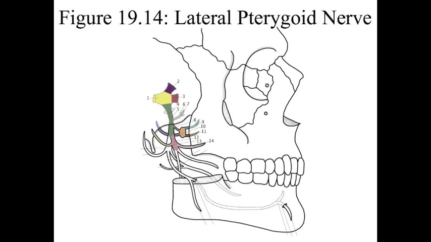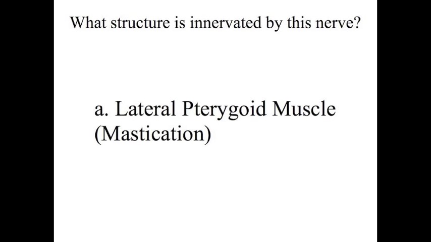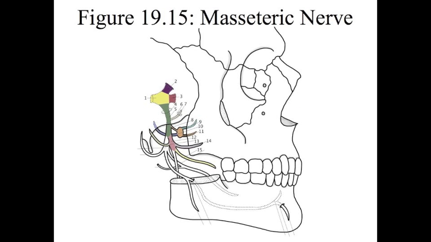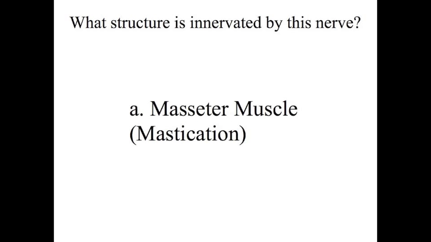Number 14 is the lateral pterygoid nerve, and it innervates the lateral pterygoid muscle, a muscle of mastication. Number 15 is the masseteric nerve, and it innervates the masseter, also a muscle of mastication.